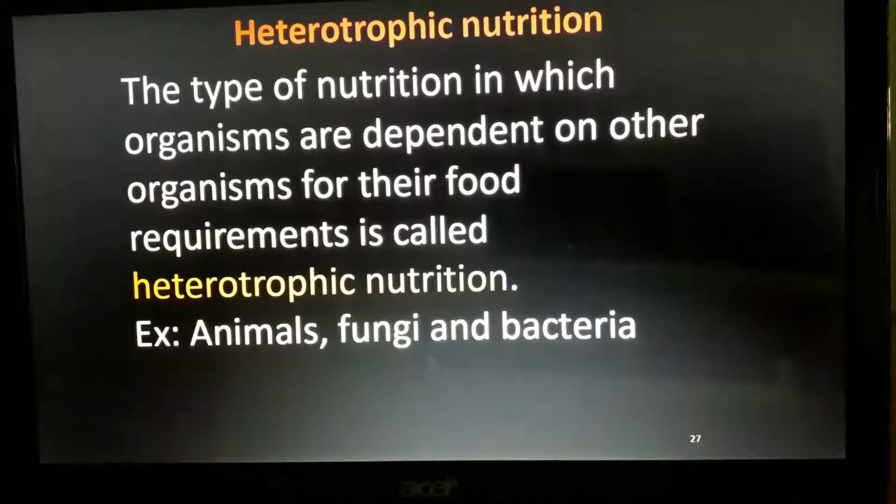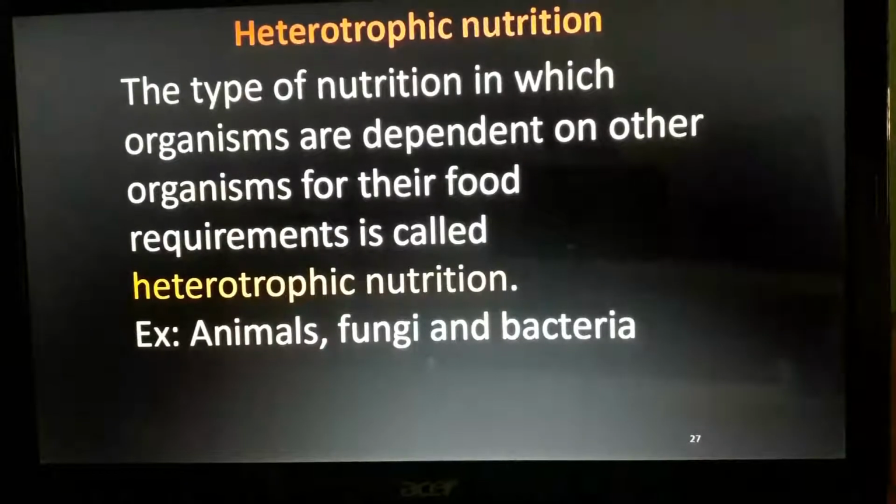But in the case of human beings and lots of other living organisms, what's the problem? We need external sources as food. We are depending upon other organisms, other plants. We need lots of varieties of food. Our food menu has lots of varieties.